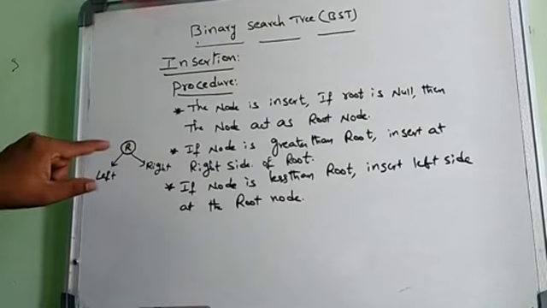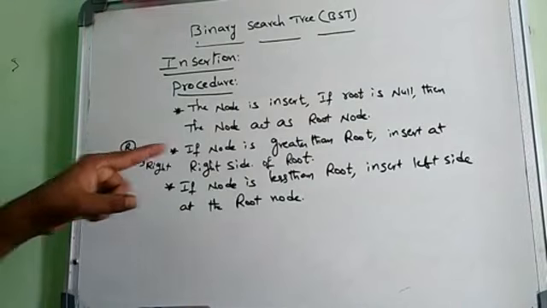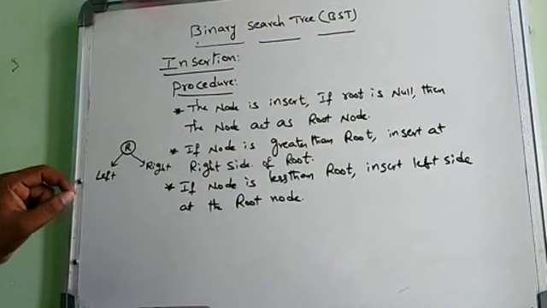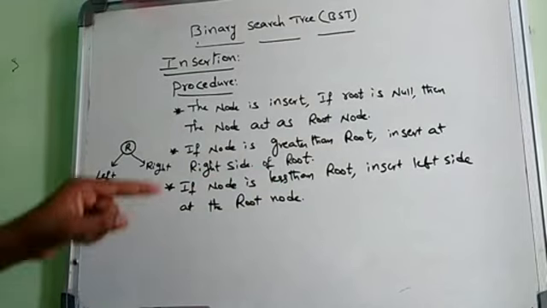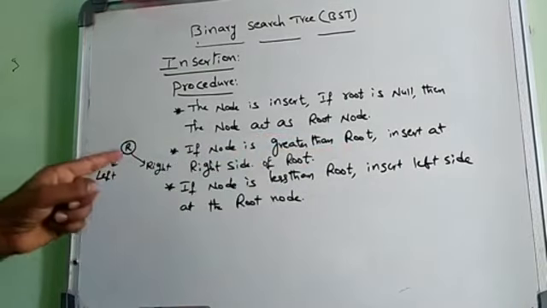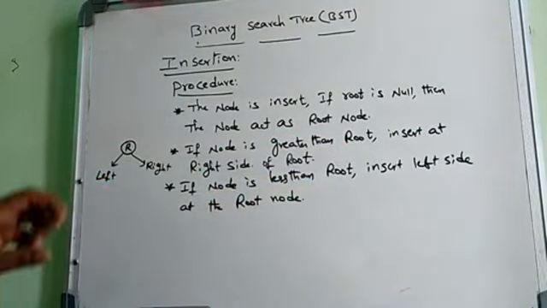If the current node is greater than the root node, it goes to the right side. If the current node is less than the root node, go to the left side. So these are 2 points. In this way we are going to insert into the binary search tree.